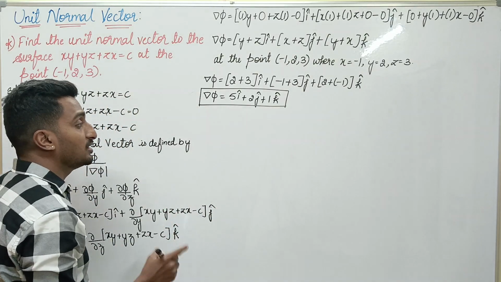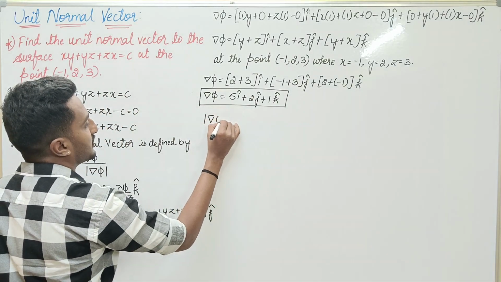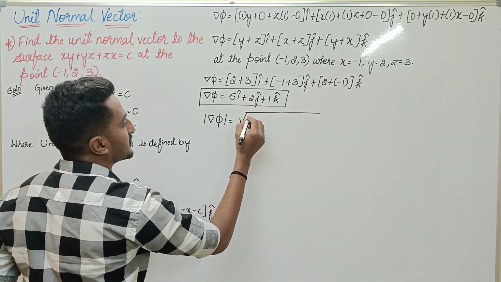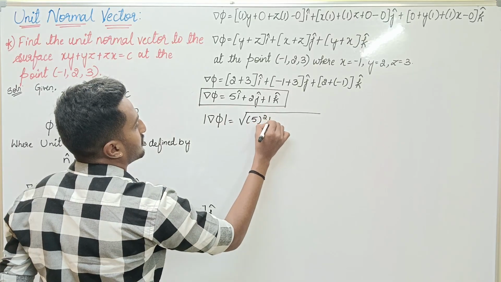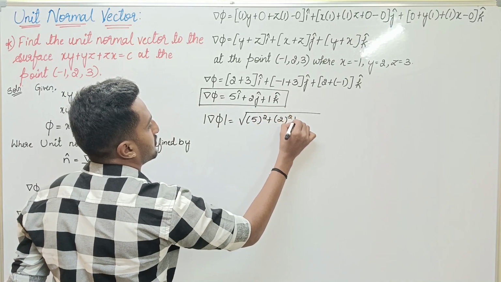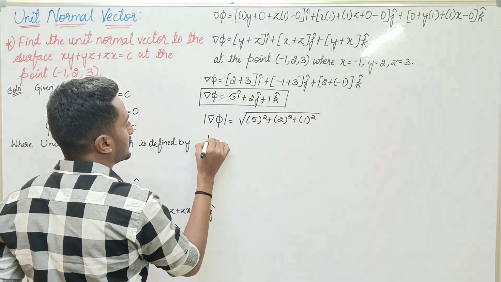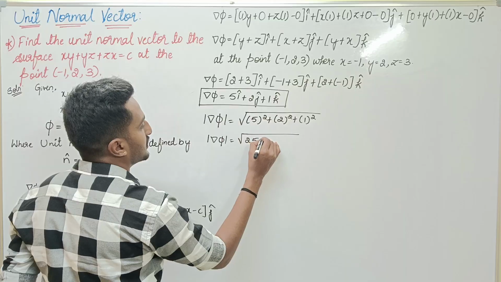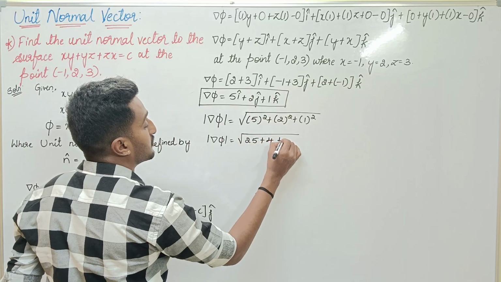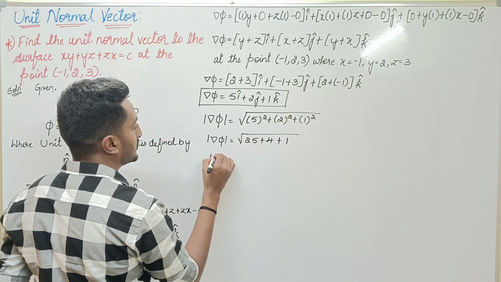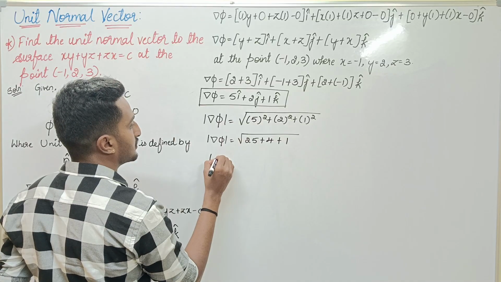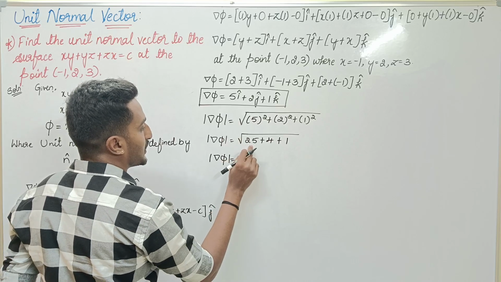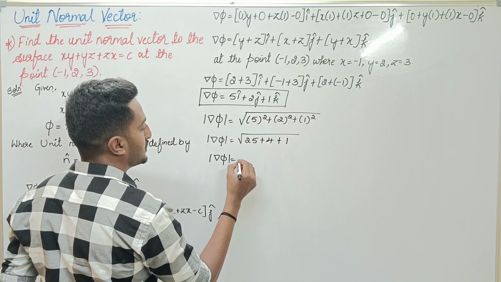Now let us find the modulus of gradient phi, which is the square root of the sum of squares of the i, j, k components, that is 5 squared plus 2 squared plus 1 squared. 5 squared is 25, 2 squared is 4, 1 squared is 1. 25 plus 4 is 29, 29 plus 1 is 30.